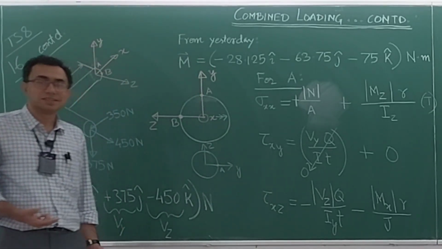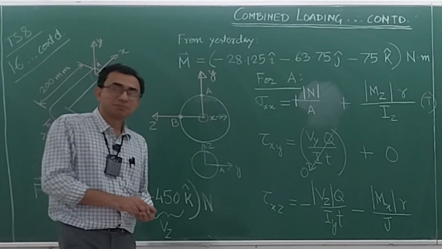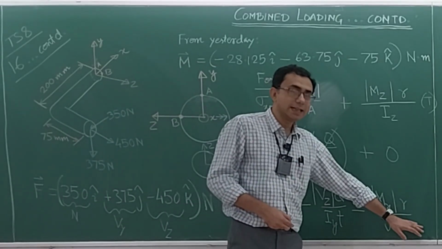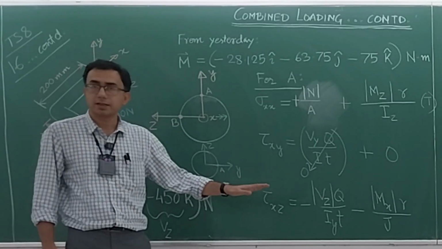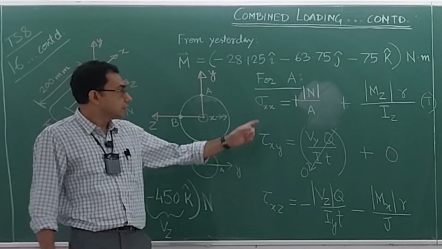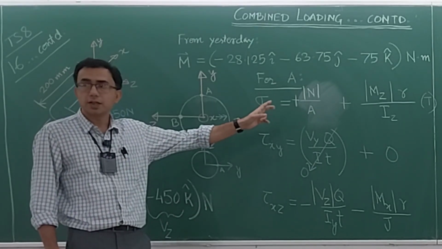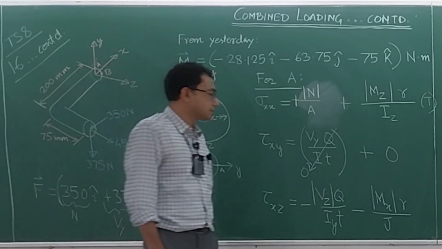Please do not do these things, my heart bleeds when I see these. Please do not write tensile or compressive. The only thing this minus is indicating is that it is in the negative z direction. For the normal stress, with your Hertz content, you write T, C, all these things.